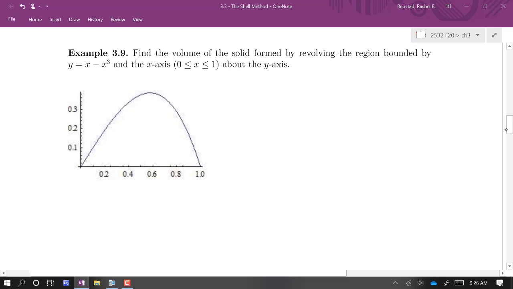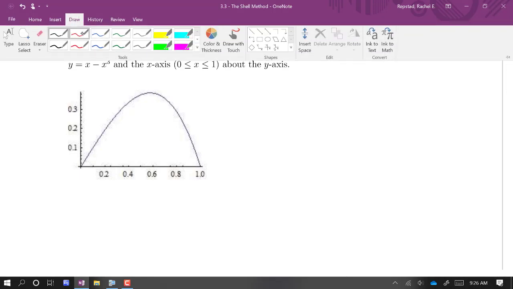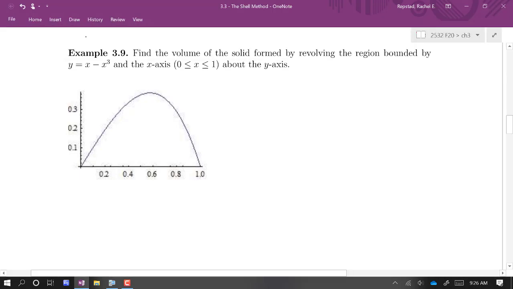In example 3.9, we're going to take this region bounded by the curve they've drawn for us and the x-axis between 0 and 1, and revolve it about the y-axis. They've provided us with a graph. If we aren't provided with a graph, the very first thing we need to do is sketch the region.